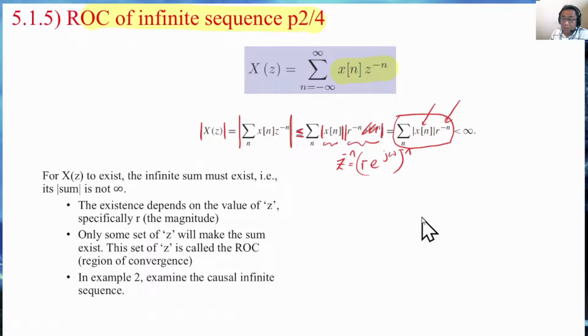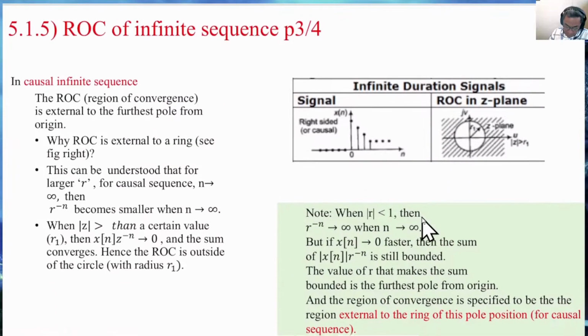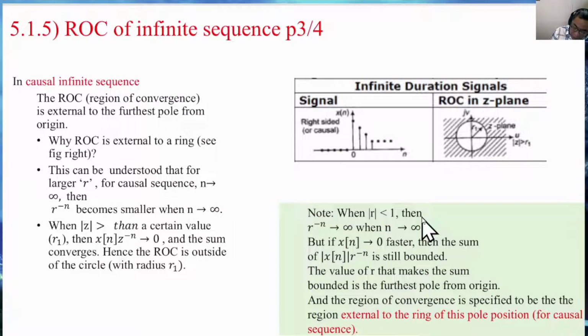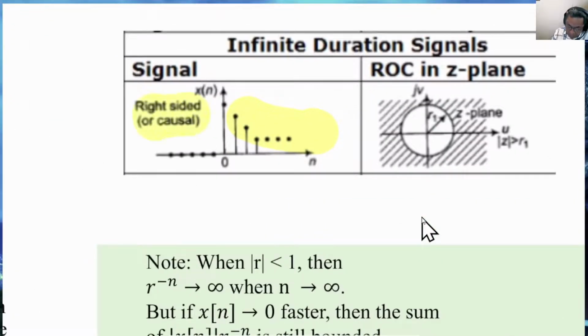Let's now examine the causal sequence. Causal infinite sequence. Here we have a sequence that only exists on the right hand side, so it's causal, and it progresses to infinity, doesn't die.